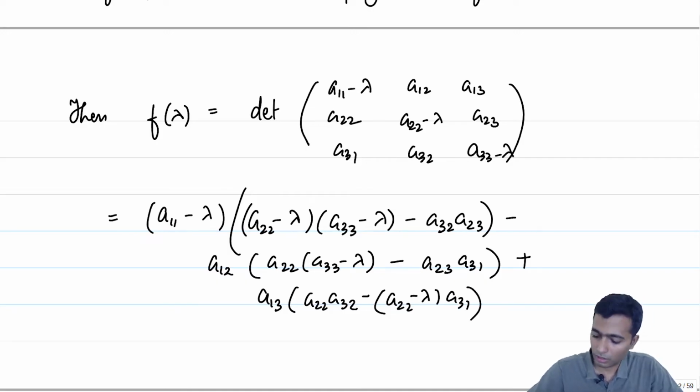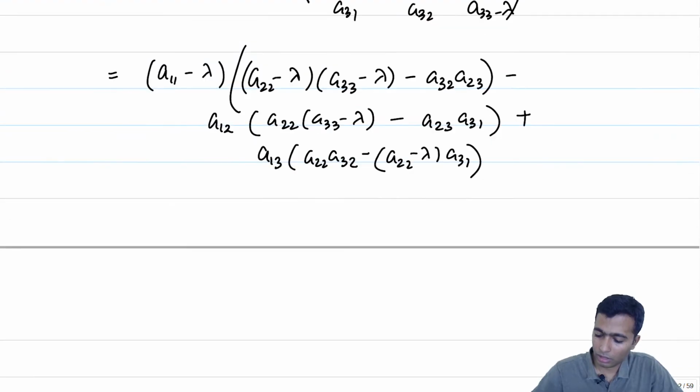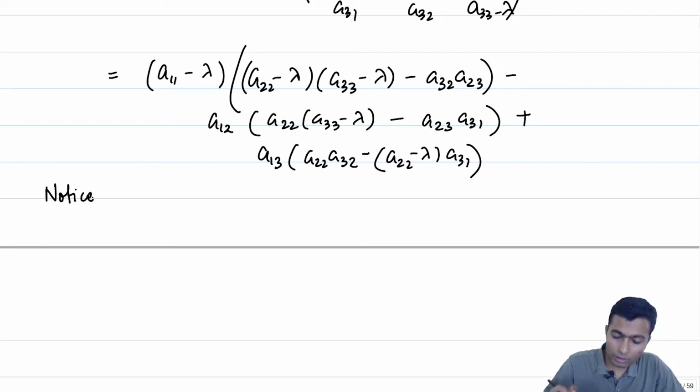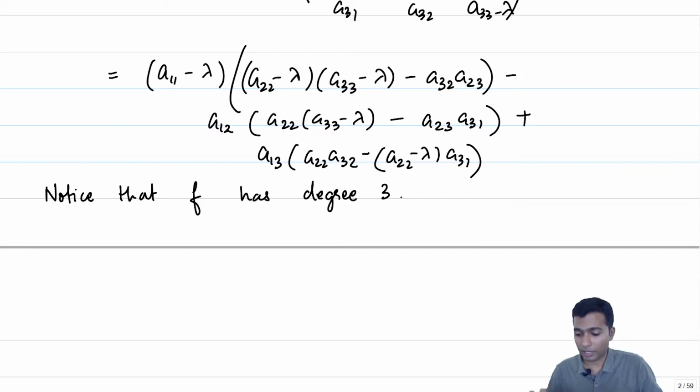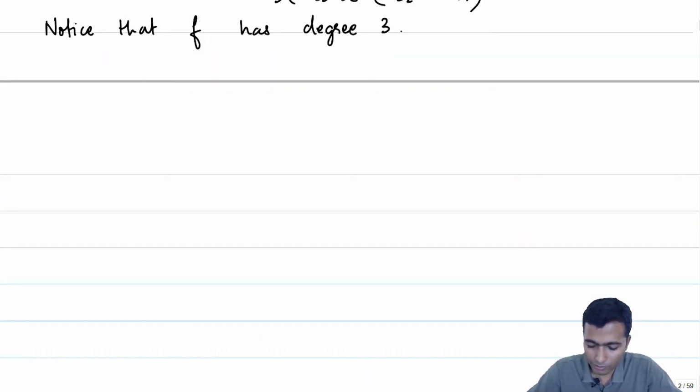This is the expression for the characteristic polynomial of A. I'll not expand it out any further. If you notice carefully, this polynomial has degree 3. Observe that I am now using lambda instead of x for the indeterminate. It's the same; no confusion should come up because of that.